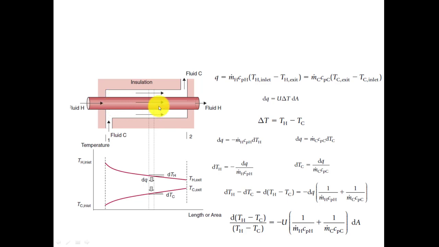Fine. And if we calculate del T here, then del T will for sure be lesser than this value, because here it is maximum, and as it approaches this side, this del T will decrease. I hope you understand. So del T is simply the temperature of the hot fluid at any location minus the temperature of the cold fluid at that location. And we are considering location 1 and location 2.